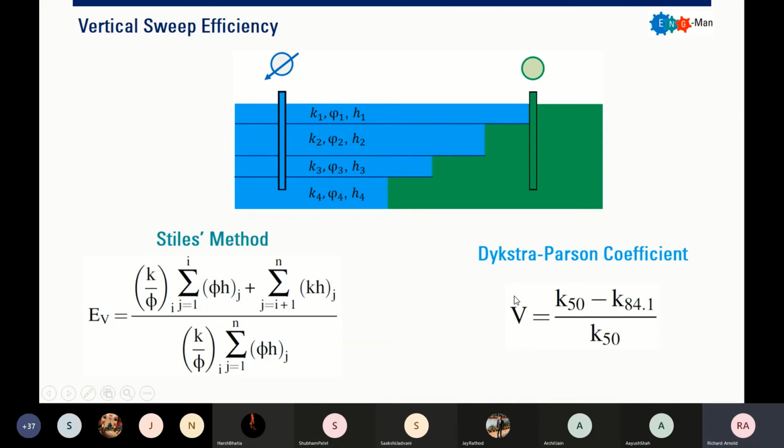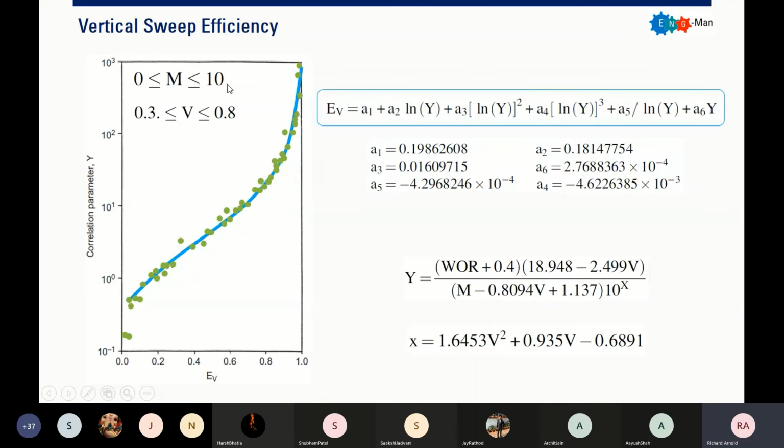So if you have your log data, you calculate the Dykstra-Parsons coefficient for each well using this formula, and using that information, V and also mobility ratio, you can use this plot or this equation to finally calculate your vertical sweep efficiency.